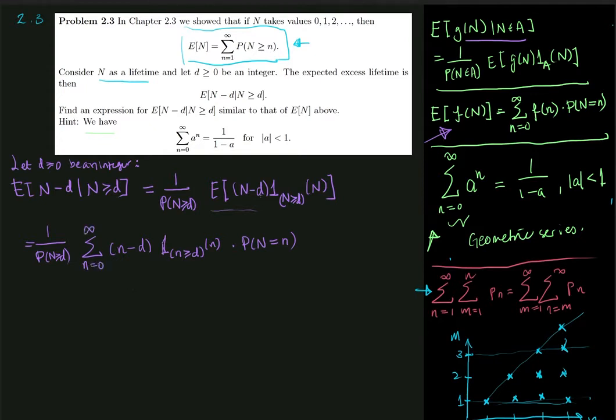When we plug this into the sum expression, we just take all of the capital N's and replace them with the small n's. And now we want to calculate this sum.